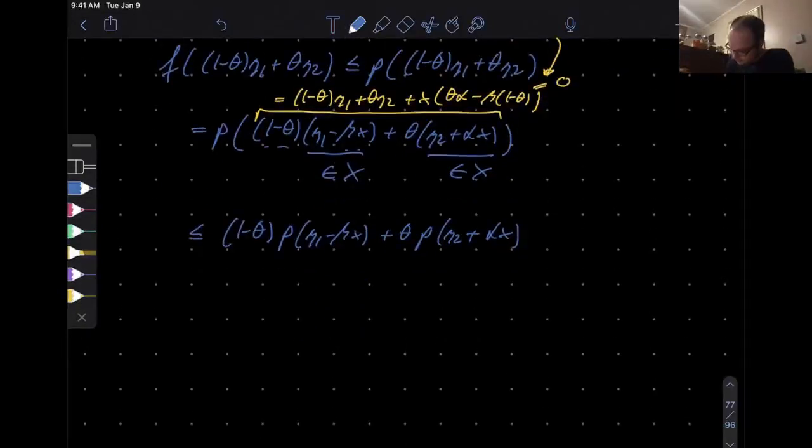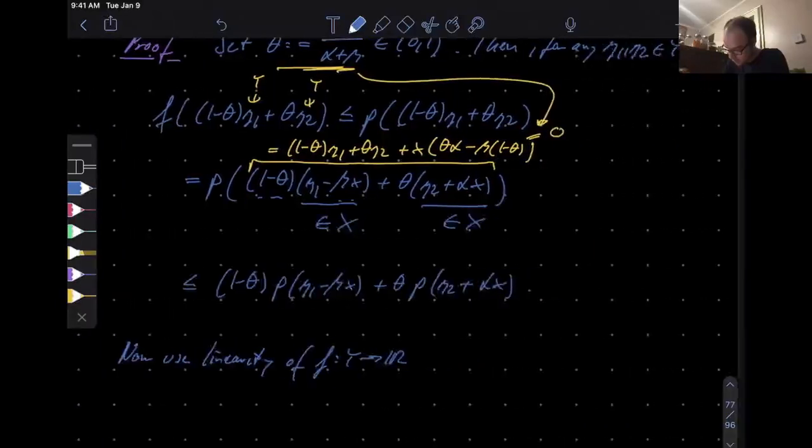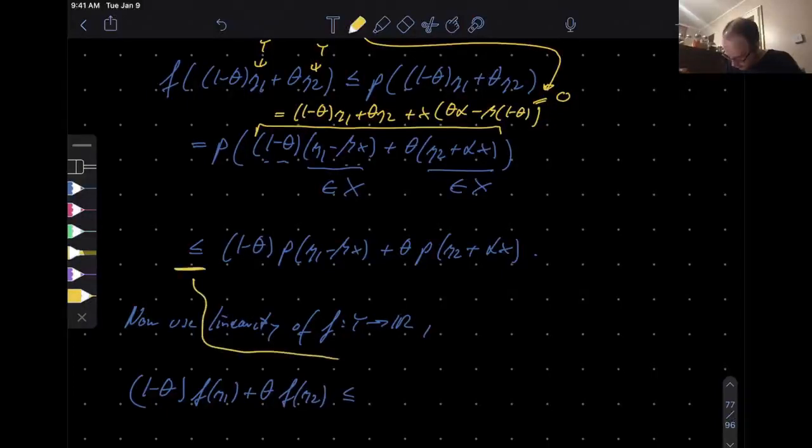And now use linearity of f. f is a linear functional on Y, and here everything is nice because this is an element in Y, and this is an element in Y, and since Y is a subspace, that convex combination (1 minus theta) y1 plus theta y2 is in Y. So indeed I have on the left (1 minus theta) f(y1) plus theta f(y2), and then I'll just copy what I just figured out, because what I just wrote down is equal to what's here on the left.